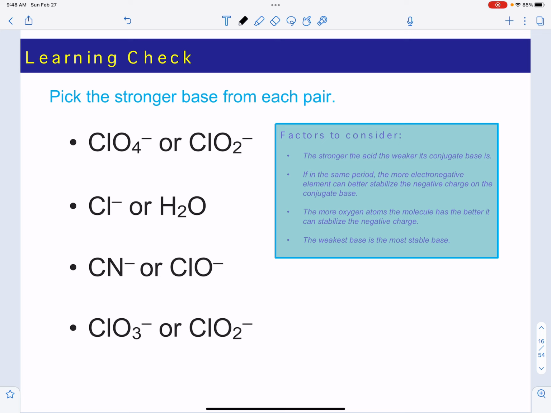So what about this problem? Pick the stronger base from each pair. Bases take protons, so the one that takes the proton better is a stronger base, right? How do we know which one is going to take the proton better? It's a super important concept for organic chemistry also. Well, let's look at these factors.